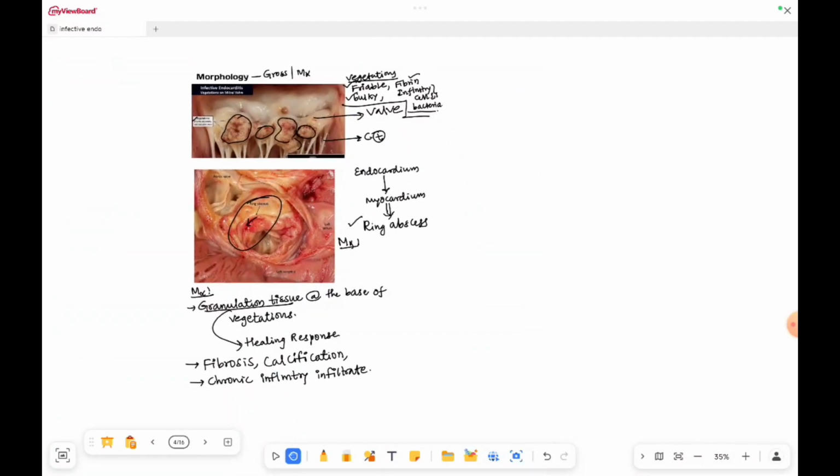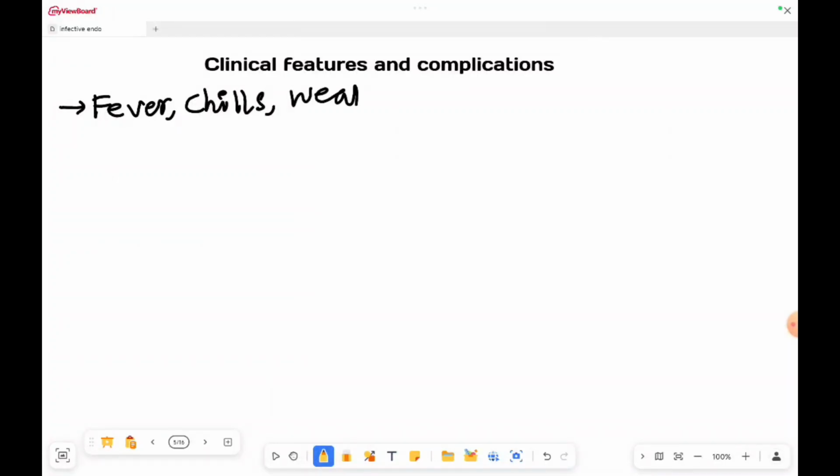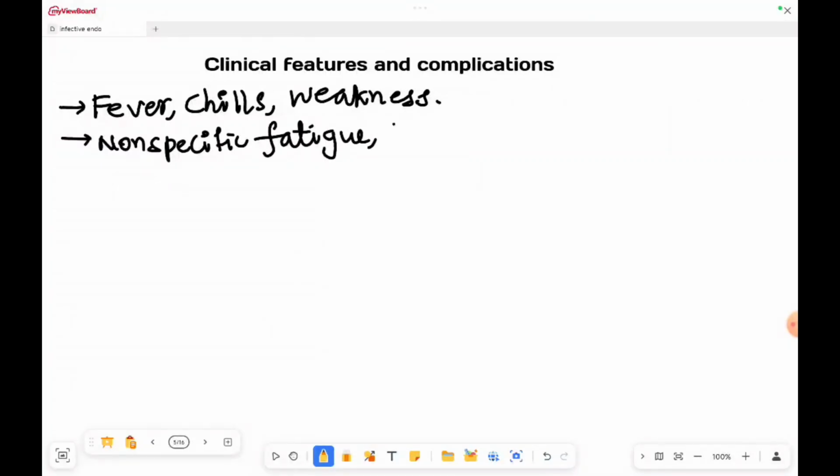So morphology gross. Clinical features here will be fever, chills, weakness, and non-specific fatigue, weight loss and flu-like syndrome.